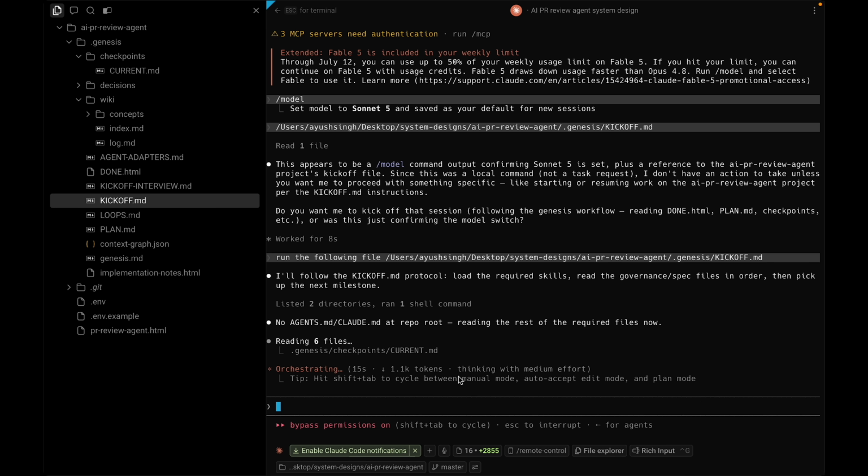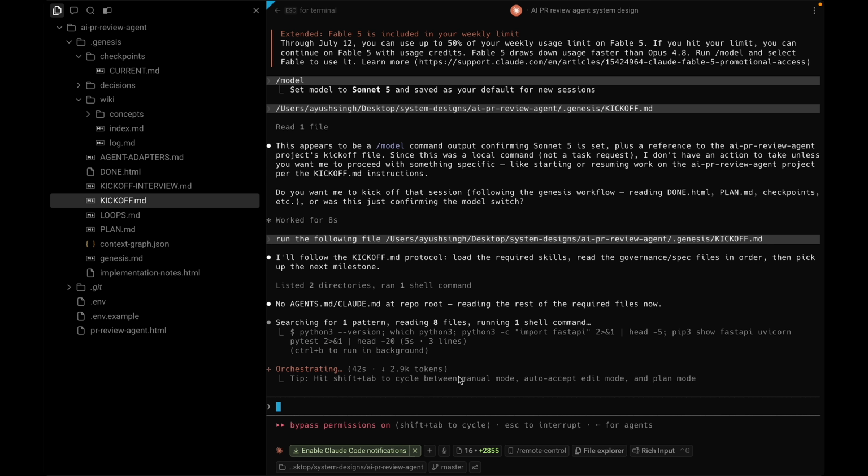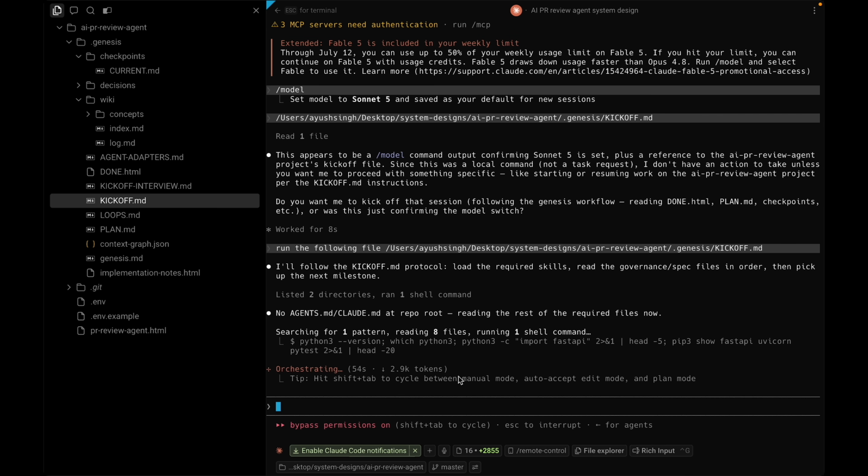If the agents are not named there, it will go to the required files. If you already have something, it looks for what is already there. By the way, this is a completely new session, no context, no state, nothing.